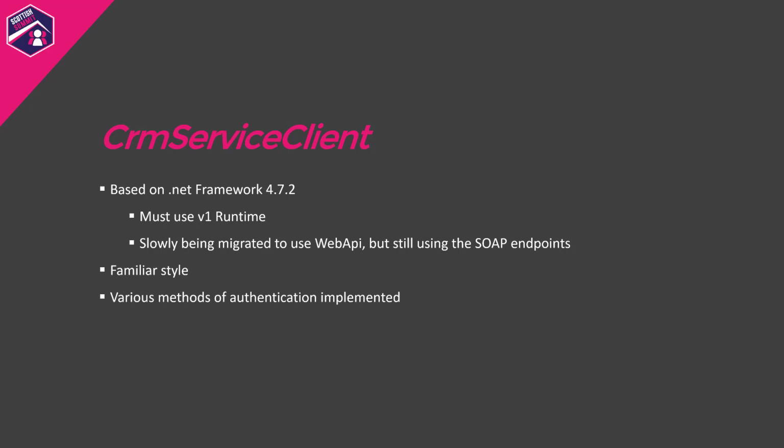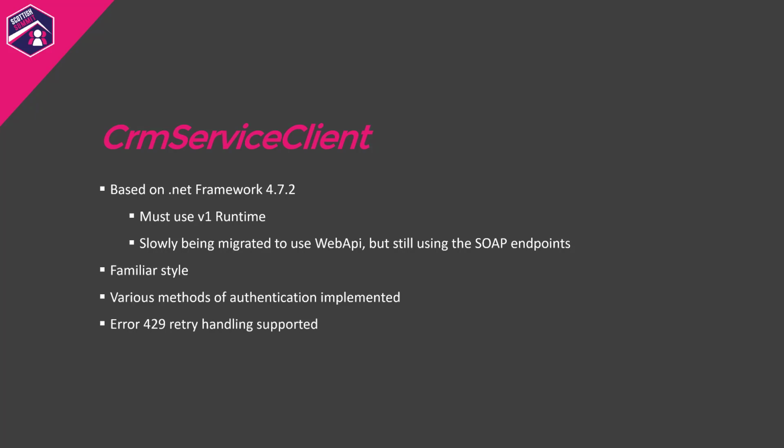And that allows a common style of code between plugins, CWAs, and Azure Functions, which companies may or may not find a benefit. It allows various methods of authentication, client secret, certificates. I'm not going to go into all of them.